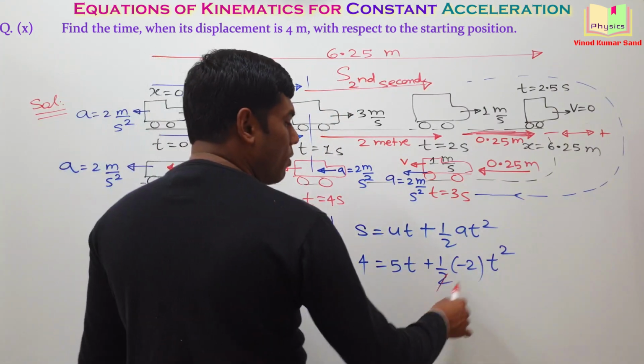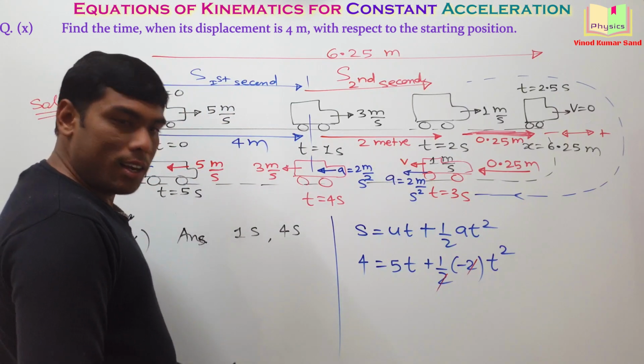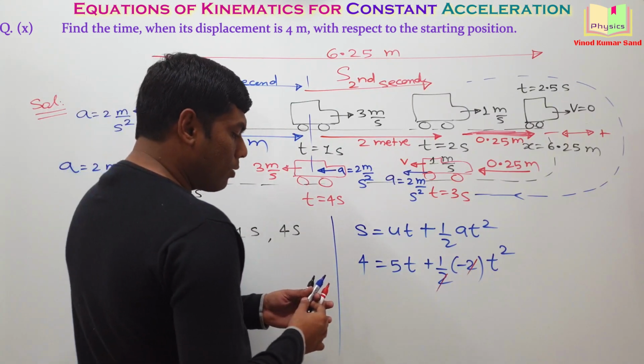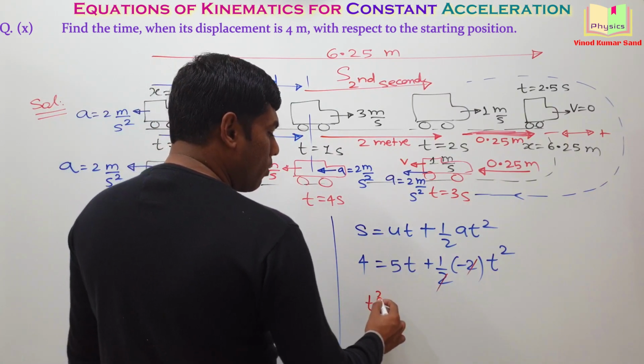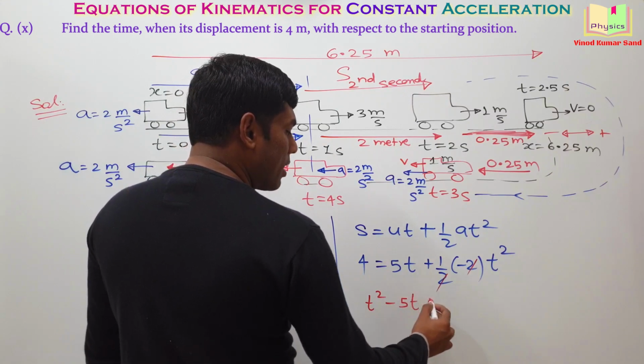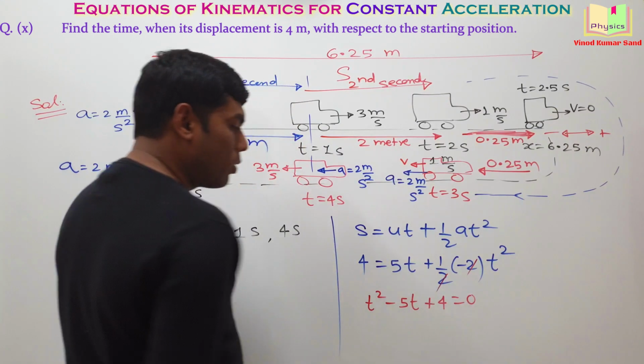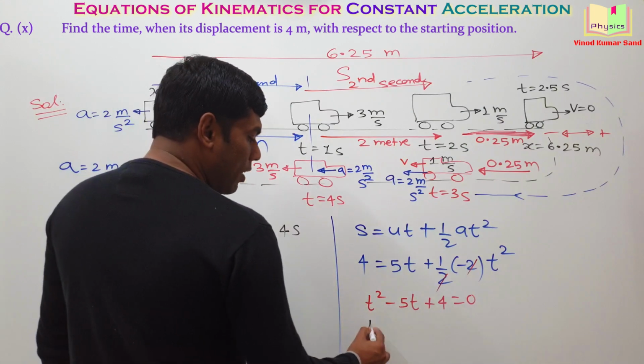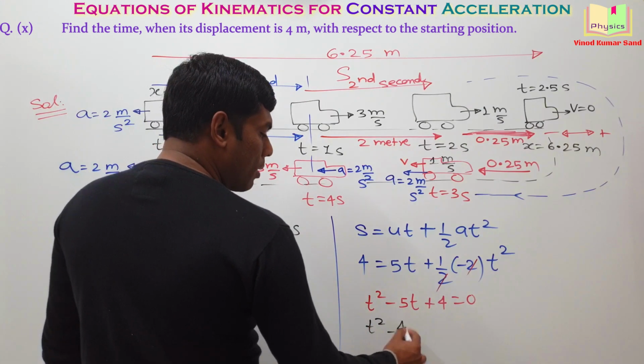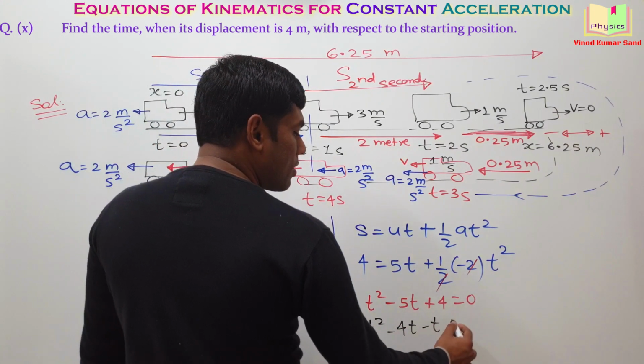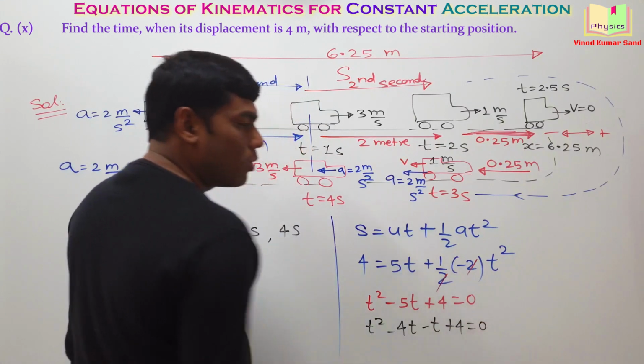So here we have a quadratic equation in time. Let us simplify that quadratic equation. The format will look like what? t square minus 5t plus 4 is equal to 0. We can simplify this. t square minus 4t minus t plus 4 is equal to 0.